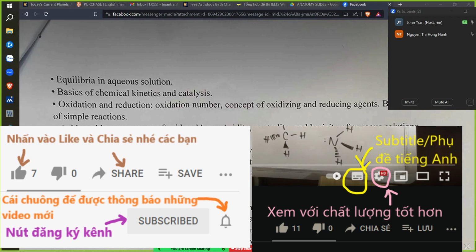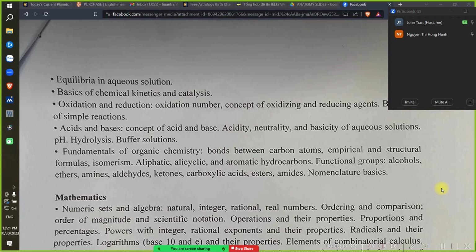Which one are you going to talk about now? Bonds between carbon atoms. I don't know where to start, but I remember they say carbon is the element of life. Carbon is a non-metal in group 4A in the periodic table, so it has four valence electrons.